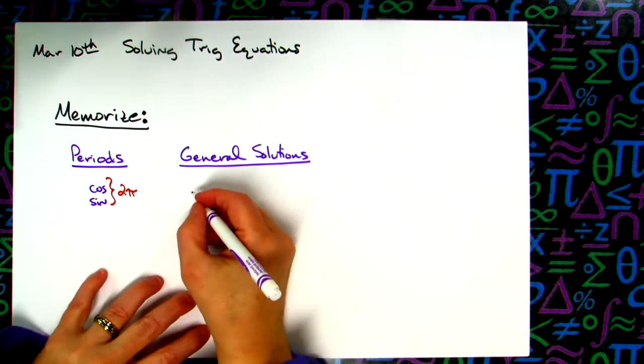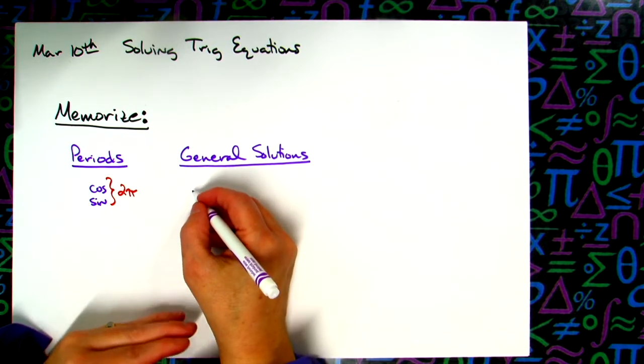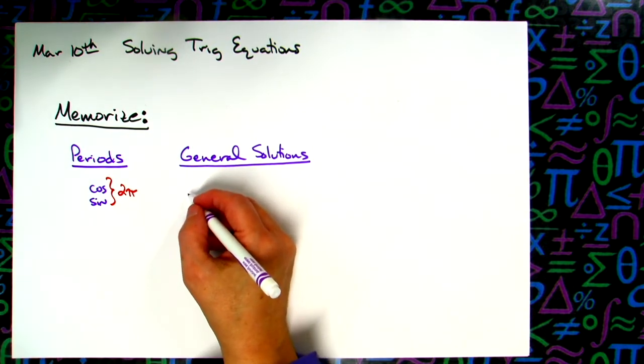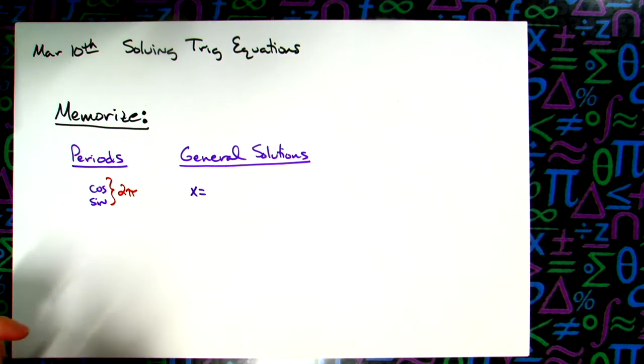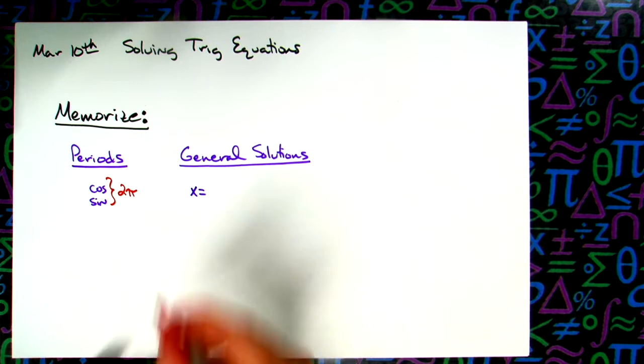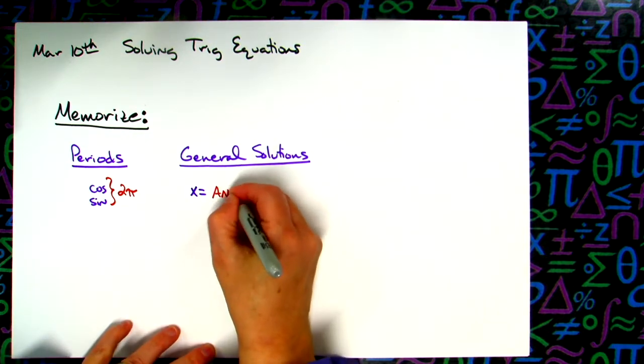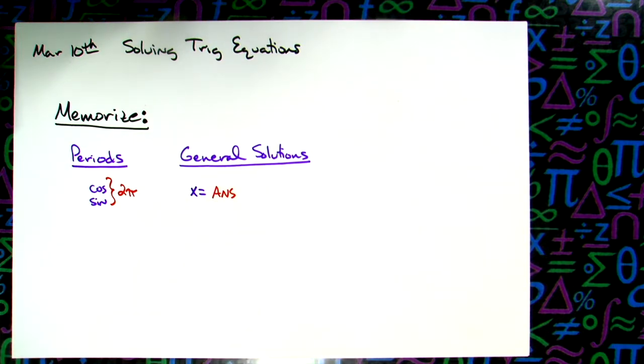Now, our answer, because when you solve an equation for x, like if you remember back to algebra 1, you solved a little equation for x, you got x equals 1, or x equals 2, or x equals a half. So we're going to start out with an x equals on every one of them. Now, you are going to have a numerical answer, so I'm going to put that in red.